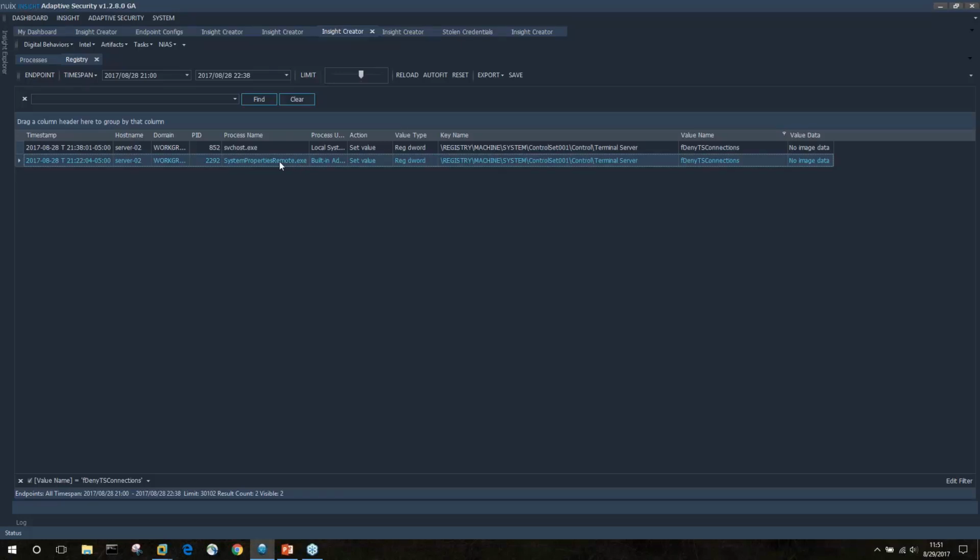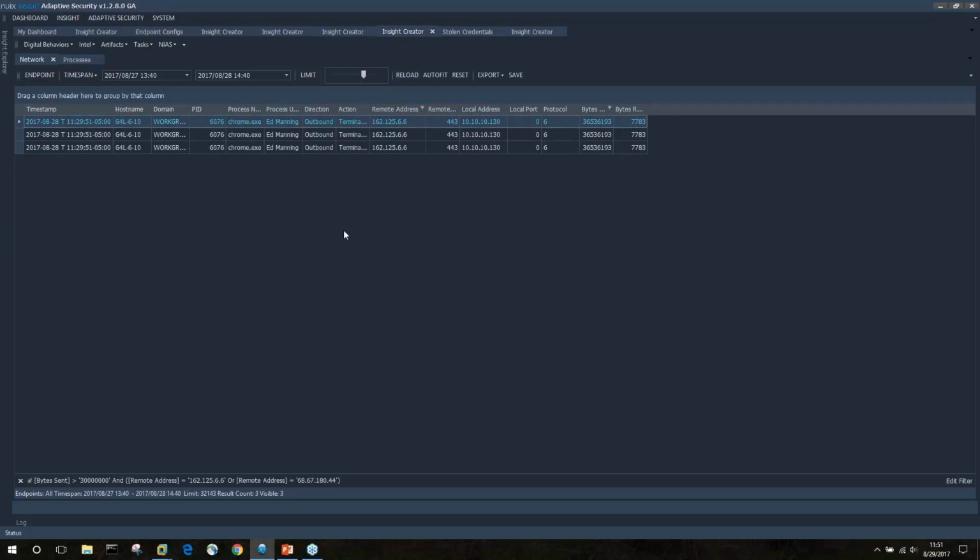Now that comes back to the earlier point about knowing how administrators in your enterprise actually do things. If your administrators generally tend to use the server manager tool to make changes to remote dial-up, then this would be innocuous, and this would be something to focus on.